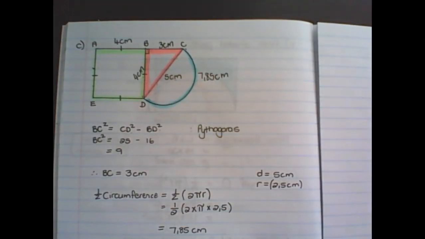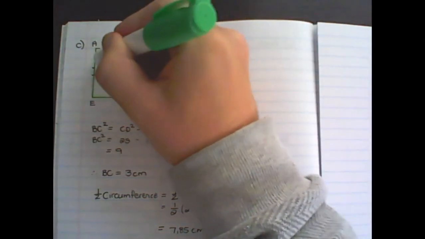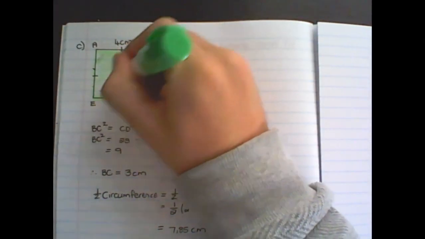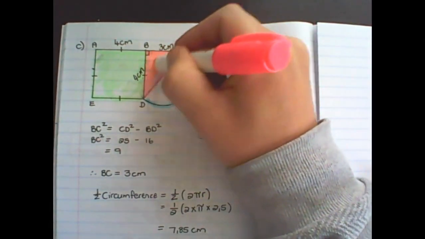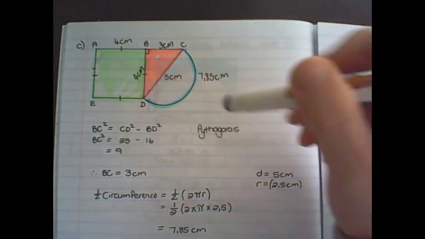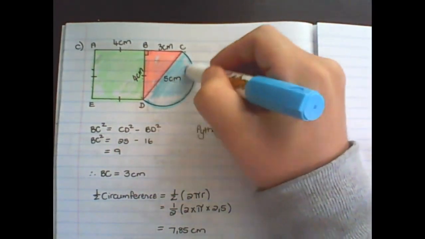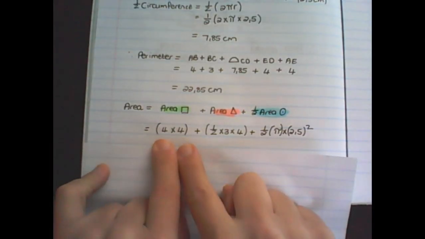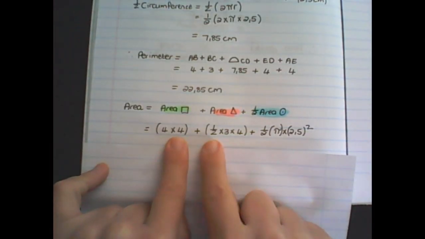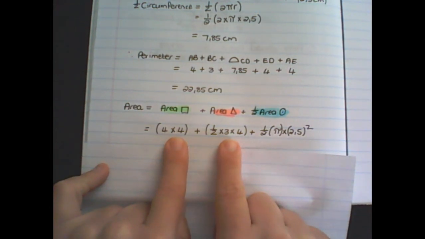Next, we are going to find the total area of the figure. That will be the area of the square plus the area of a triangle plus the area of half a circle. The area of the square would be 4 times 4. The area of the triangle would be half base times height. Notice I'm not using the hypotenuse length of 5 centimeters.